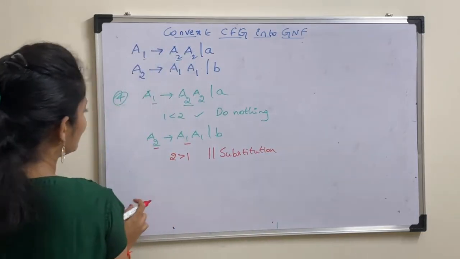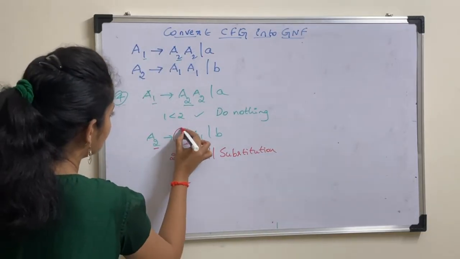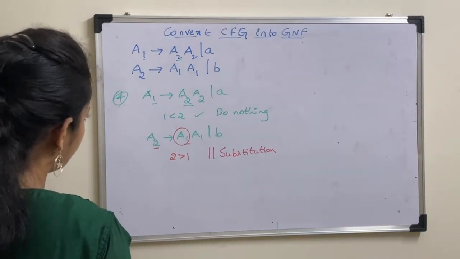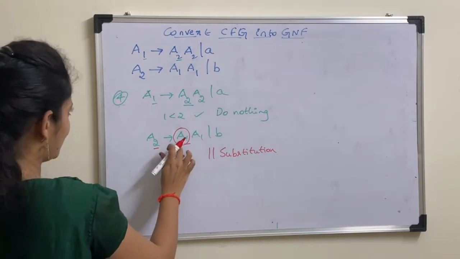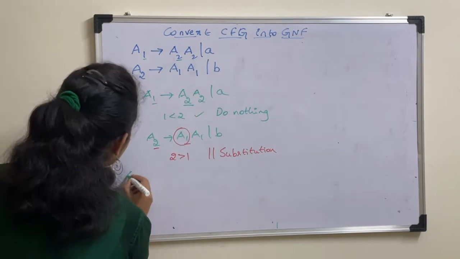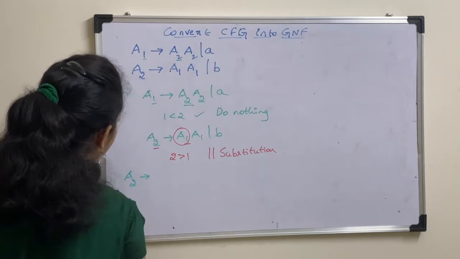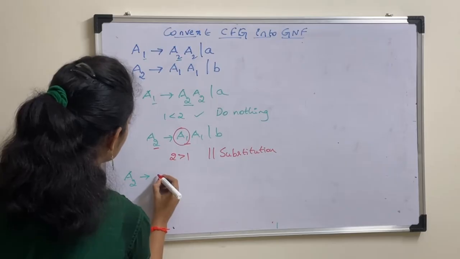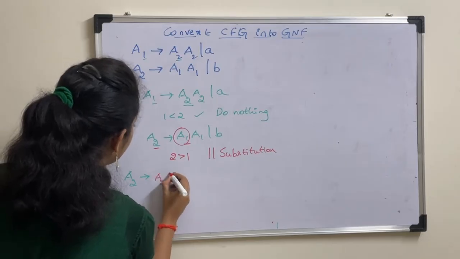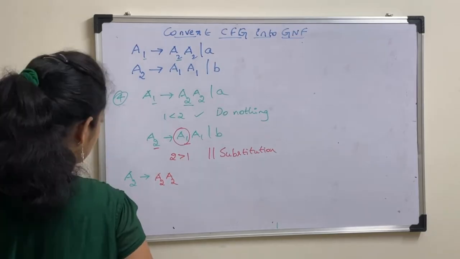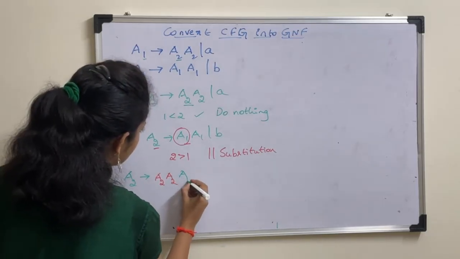Substitution means in place of A1, substitute the A1 productions. So A2 derives, substituting the A1 productions, A2, A2, and this A1 remains as it is.